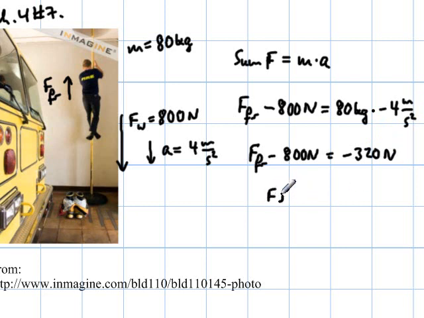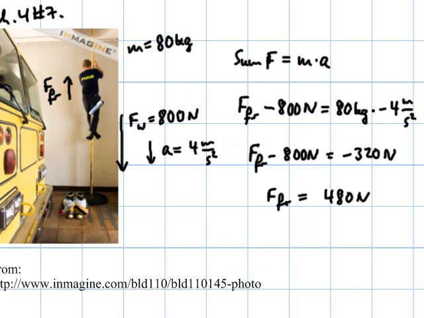And now we add 800 newtons to the other side, and we come up with a positive 480 newtons. You can do that on a calculator. Negative 320 plus 800 is 480 newtons.